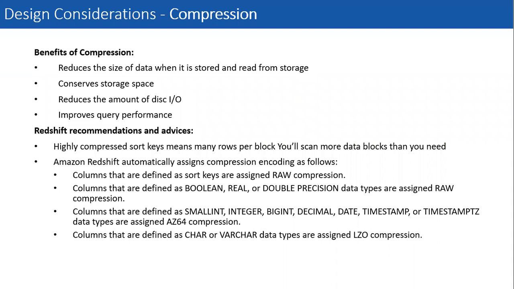So mostly sort keys are given the RAW compression format. AZ64 is a new compression format which has been introduced, which is optimal mostly for date and numeric formats. And for CHAR and VARCHAR, Redshift automatically assigns LZO compression. The compression formats we will see later. Can you go to the next slide?